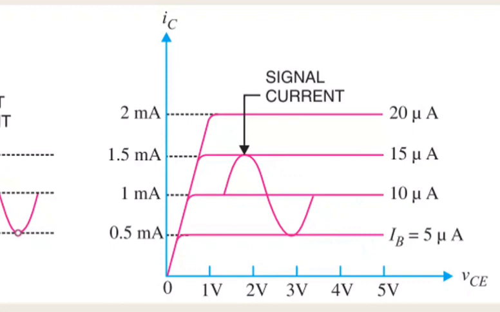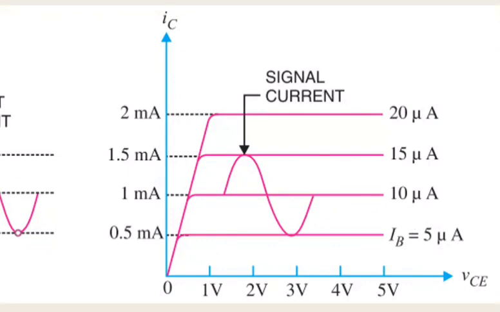So during the positive half cycle, here the AC signal is that. During the positive half cycle, what will happen? The output current IC increases during the positive half cycle, up to the input current value, that is 10 microampere. Among the four different values, we are taking 10 microampere of IB, the base current.